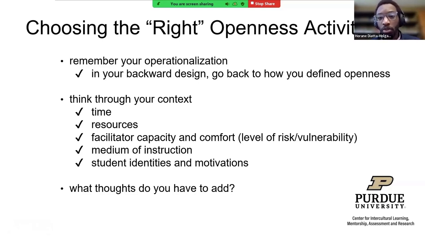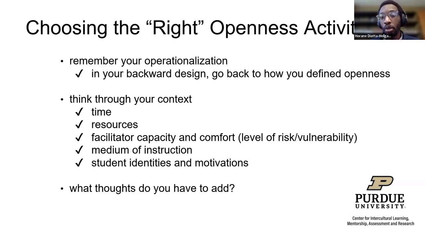Thinking through how much time to give students and so on, we've put out a list of things you might consider: the time, the resources, your own capacity and risk for vulnerability, your identity, students' identities, and the medium of instruction, online, face-to-face, or hybrid. All those things are really important to consider when deciding on an activity. But it really starts with the goals.